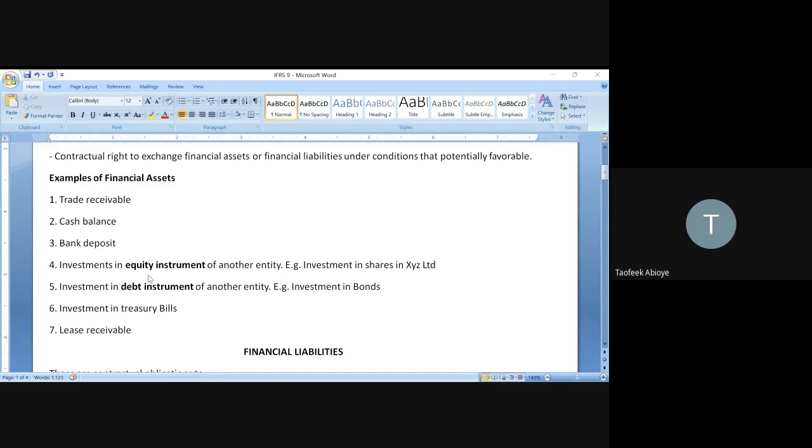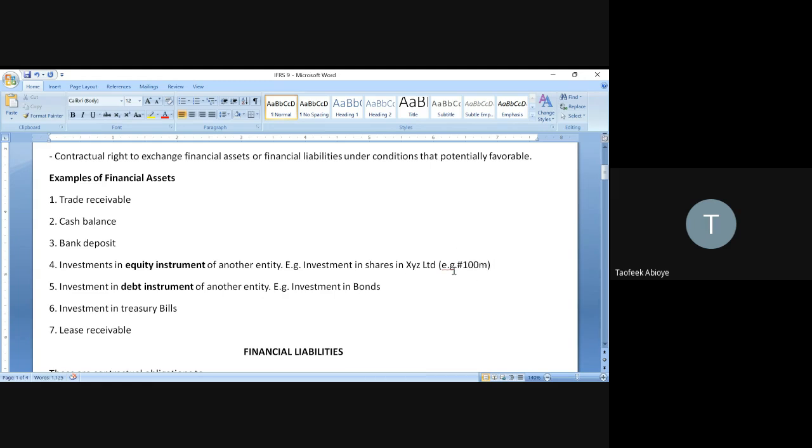Number two, this money, for example, if you invest in these shares, let's say 100 million naira. So you see, this 100 million naira is gone, as we say in Yoruba. Let me use English for the people that don't understand Yoruba.